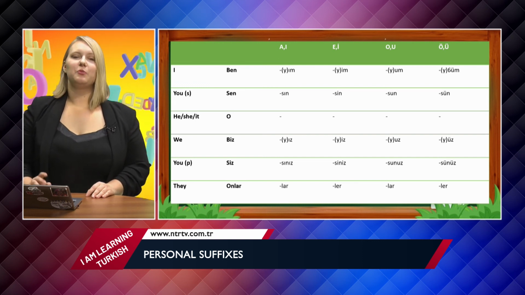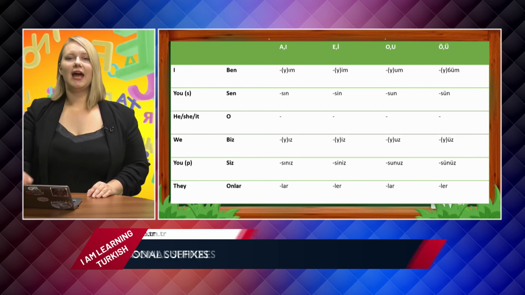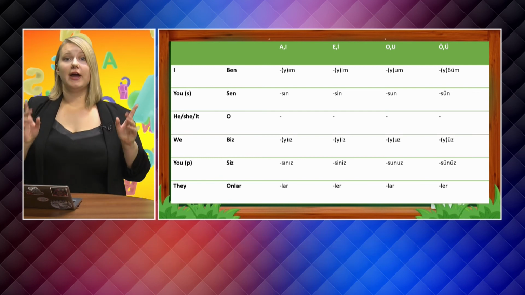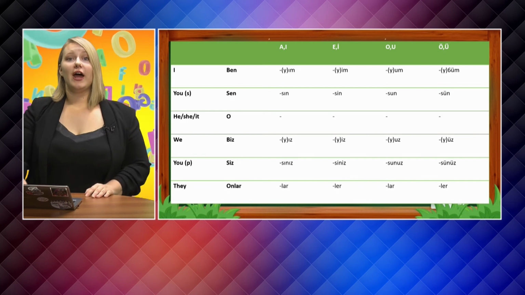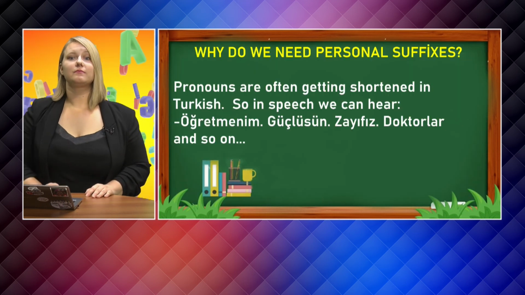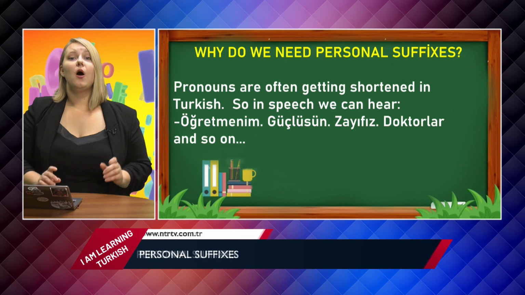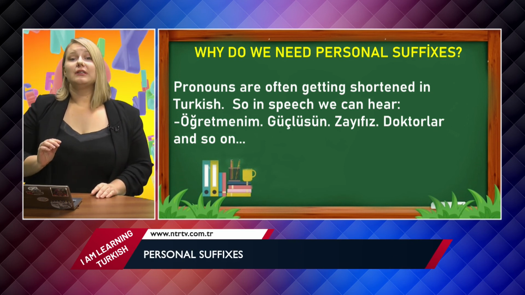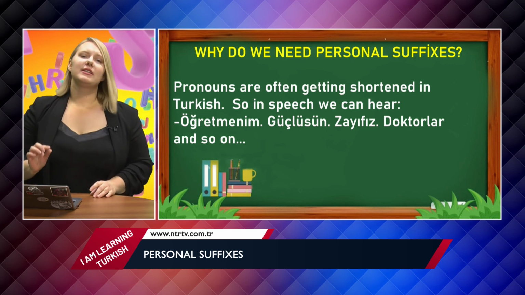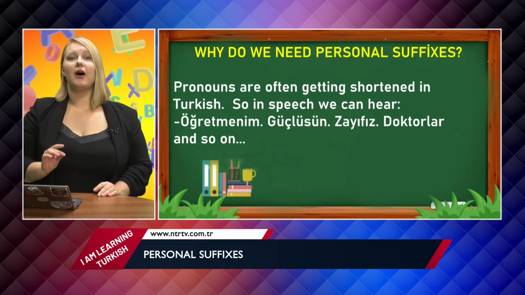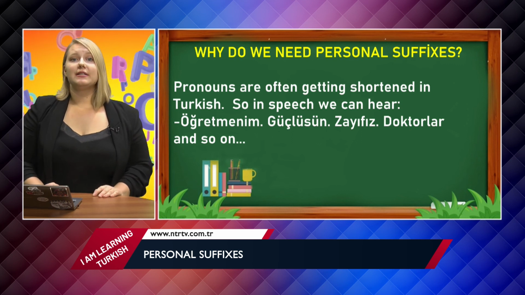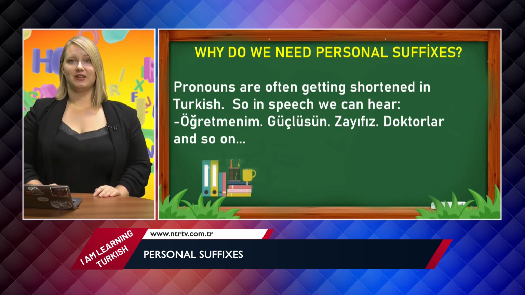You see, it's pretty simple to build and pretty satisfying to understand, which with giant theme you can understand right now. But why do we need all those personal suffixes? You may realize that Turks are okay with simplifying everything. So pronouns are often getting shortened in Turkish.